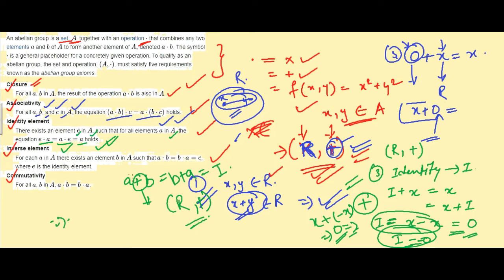So we basically need to prove that element B is also available in set A. This is what we need to prove.